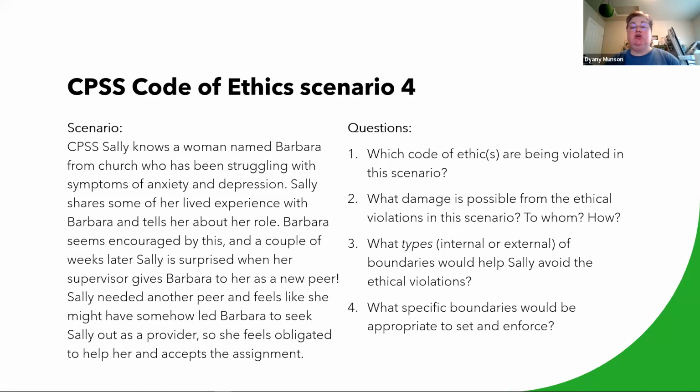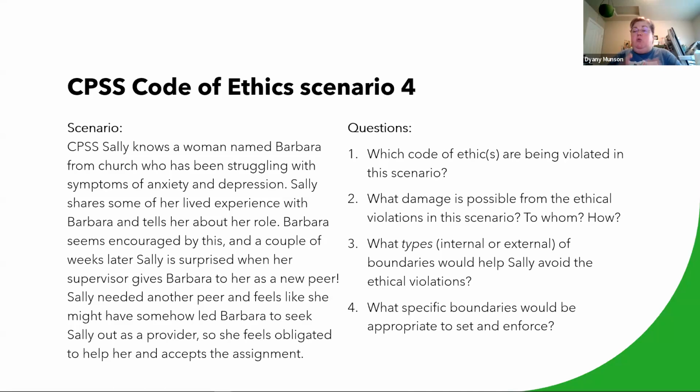Privacy is also an issue. Absolutely. We want to maintain confidentiality, and that can make some things challenging when we know somebody in different things or different venues. Respect the rights and dignities of those they serve. Yes. Because there's always a potential with any violated boundaries. For instance, Sally feels maybe she led Barbara to seek her out.